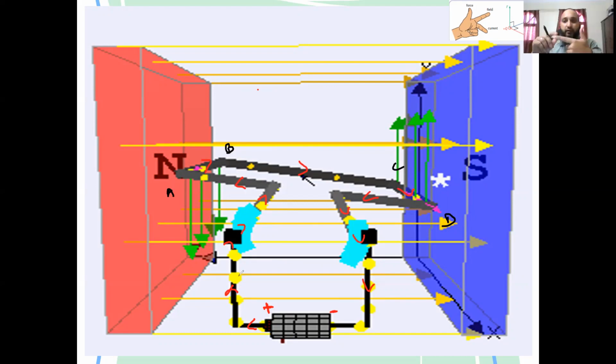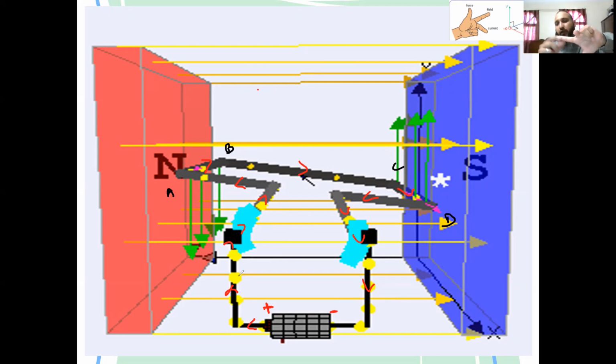It will pass through the split ring, then it will go in, and then it will return back. If we want to find the direction of the force, I say this side is A, the other side is B, this one is C, and the other side is D. To find the direction of the force on side AB, my index finger should point towards the south, on the right hand side.